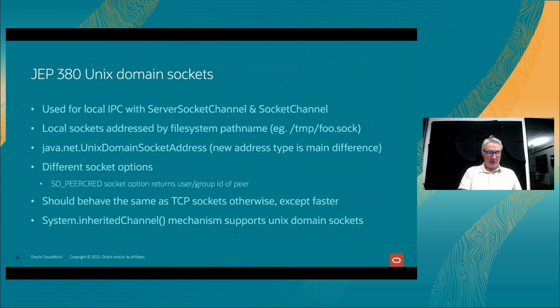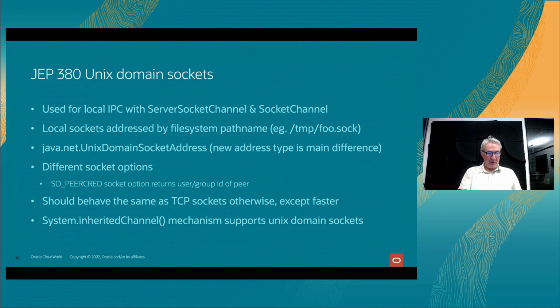So in this case, local sockets are addressed by file system path names, rather than IP address and port number, as in the case with TCP/IP. An example file system path name is given there, /temp/foo.sock, or any type of path name.